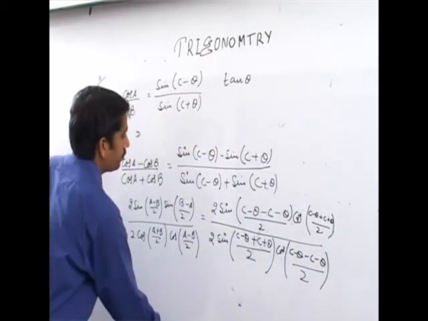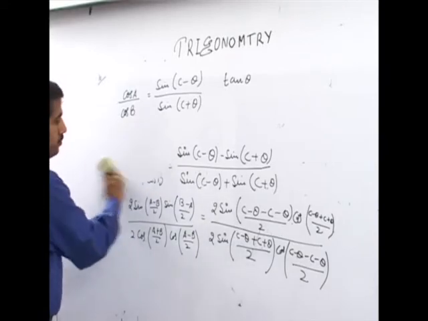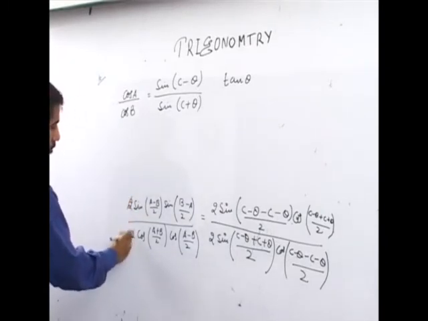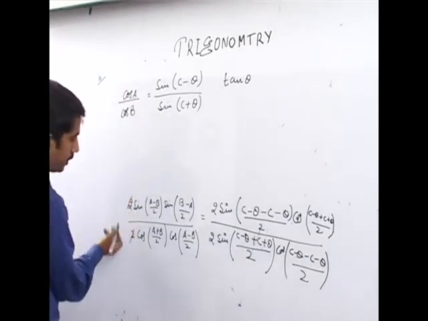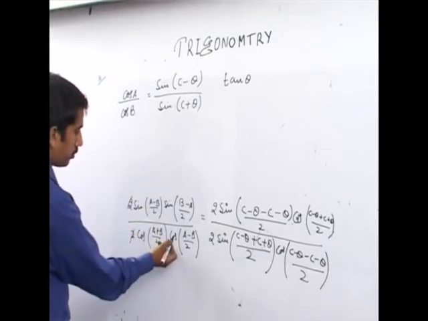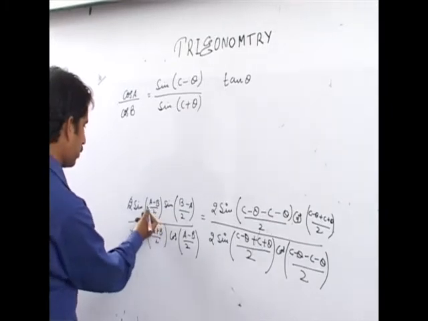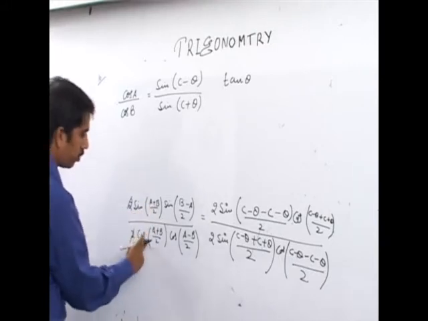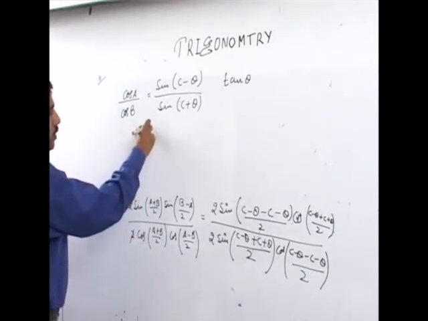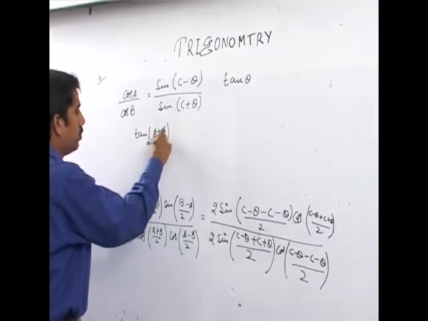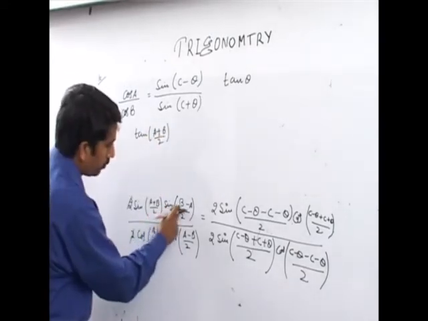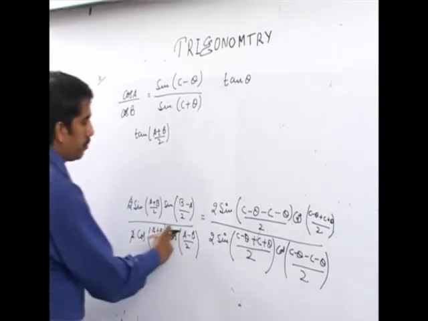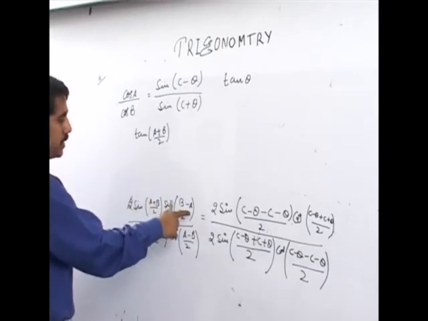Here this 2 will be cancelled out and you will be left with sin of (A plus B) by 2 over cos of (A plus B) by 2, so this will be tan of (A plus B) by 2, and this is sin of (B minus A) by 2 over cos of (A minus B) by 2. Therefore this will become minus of tan of (A minus B) by 2, because minus sin of minus theta is minus sin theta.